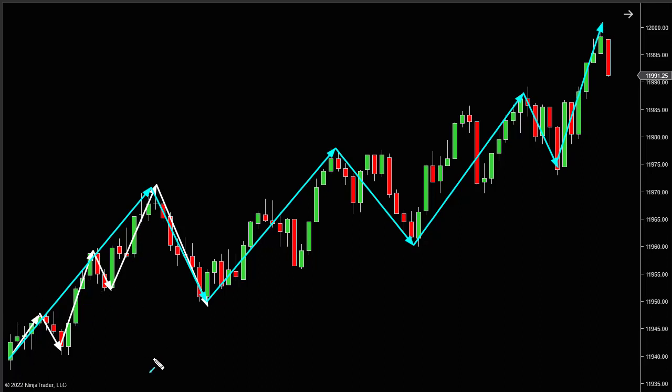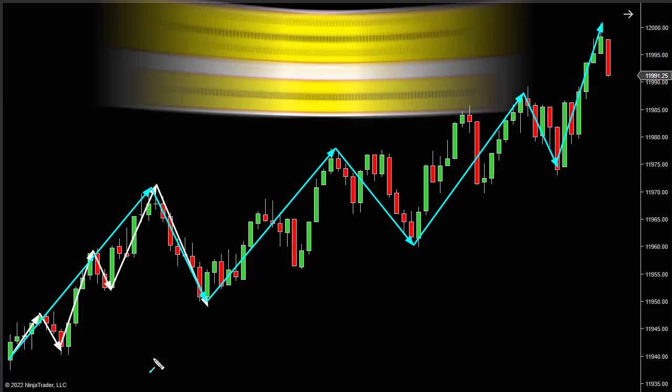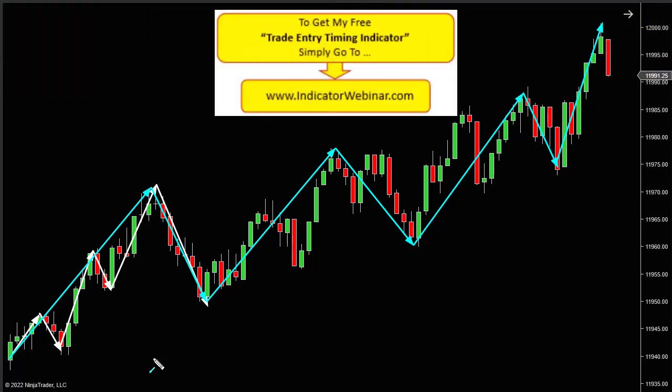So that can be very subjective, and in fact it is subjective unless you apply an objective mathematical principle to it. I have a mathematical principle that I use, which is rule-based and objective. I call it my cycle indicator, and I happen to give it away for free. You can go there and get it absolutely for free.